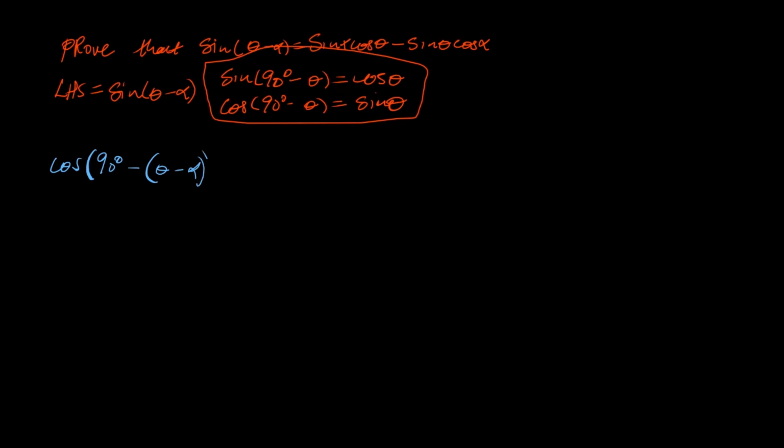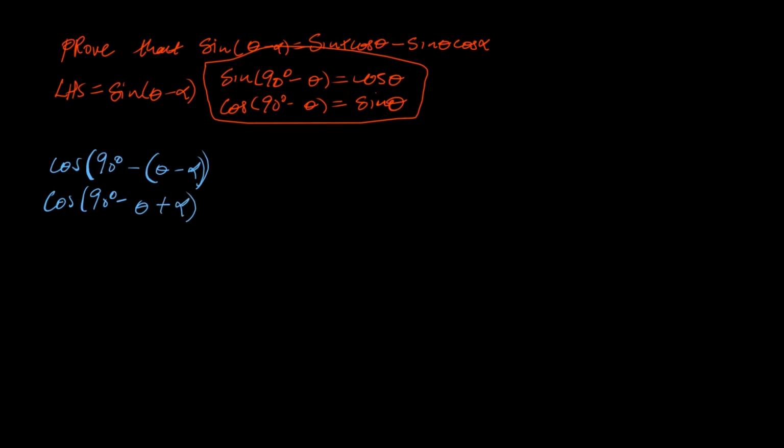This is the angle in question. So subsequent to this, we can also rewrite this as cos(90 degrees minus theta). Then we distribute this negative, and we'll end up with plus alpha.